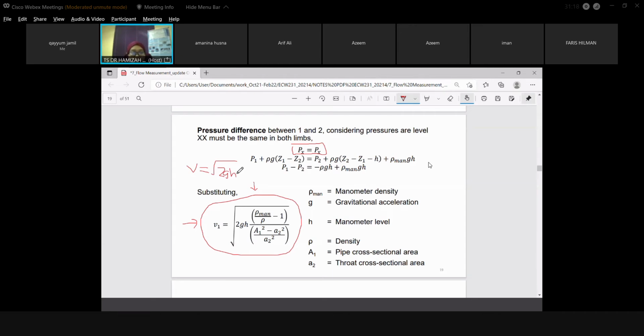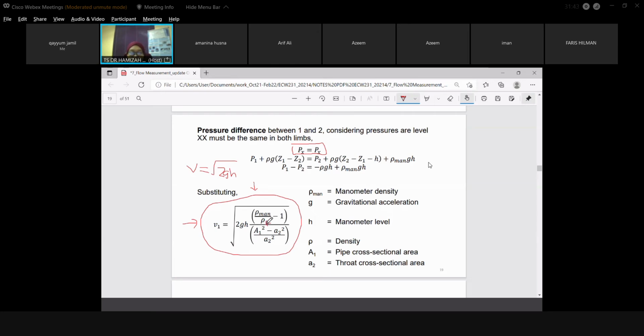Okay, so we need to consider the density of the manometer fluid. Basically it is mercury. We don't change it. The density of the fluid in the manometer of a venturimeter is always mercury. The only difference is the fluid in the pipe, which is sometimes oil, sometimes water. So this is the density of the fluid.